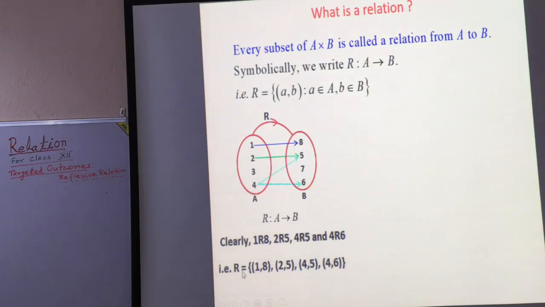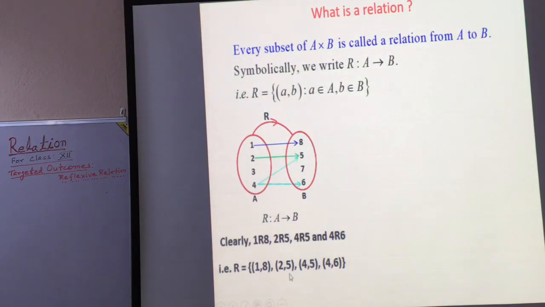Each element of R is an ordered pair. Take the first ordered pair (1, 8). If ordered pair (1, 8) is in R, it means element 1 of the first set, that is set A, is related with element 8 of the second set, as we are seeing in the figure. 1 is related with 8.